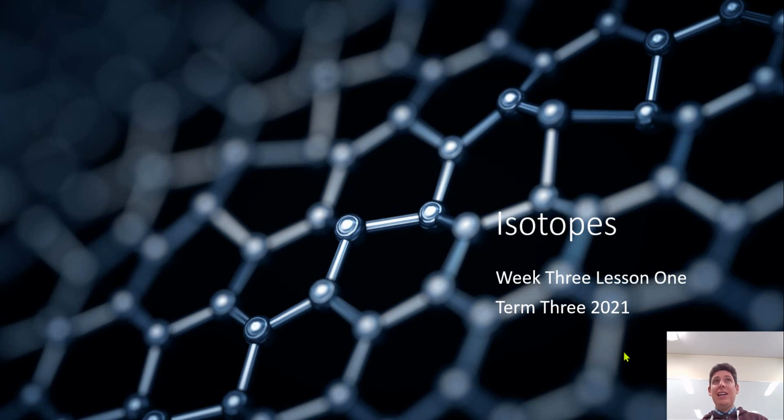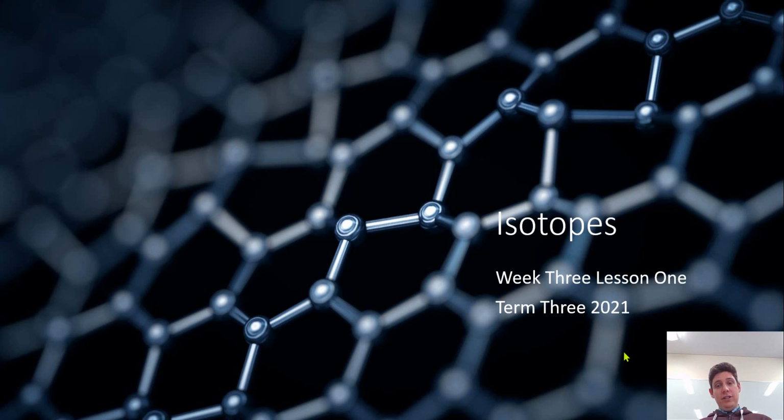So you could have helium, which has 2 protons. If it has 1 electron, that makes it positively charged because it has more protons than electrons. This is called an ion. So we have cations and anions.